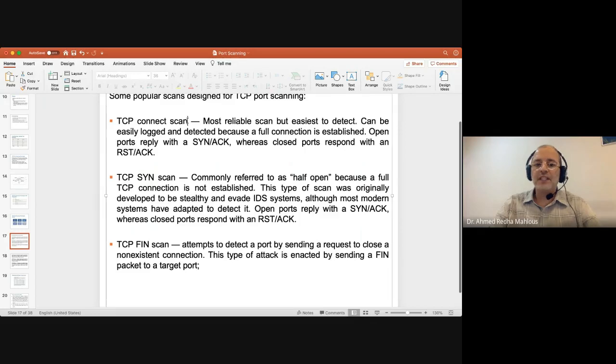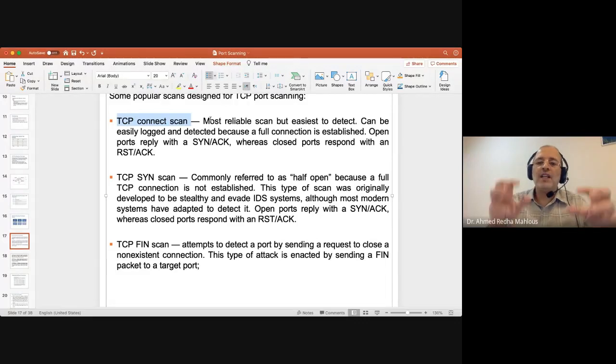The TCP connect scan is known as the full connection. This is the normal three-way handshake. If you specify a connect scan, that means you will send a SYN packet, receive a SYN-ACK, then you will send an ACK.